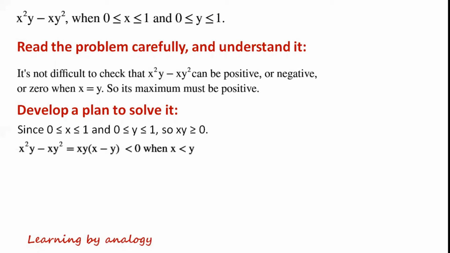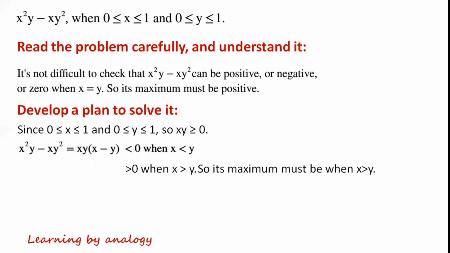X squared y minus xy squared can be written as xy times (x minus y), which is less than 0 when x is less than y. It's greater than 0 when x is greater than y.